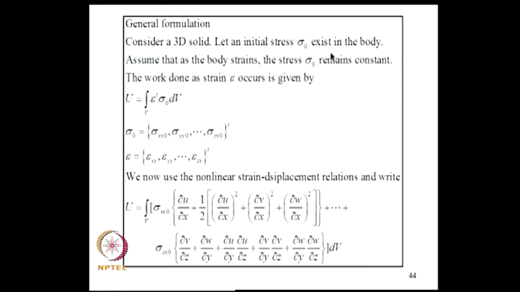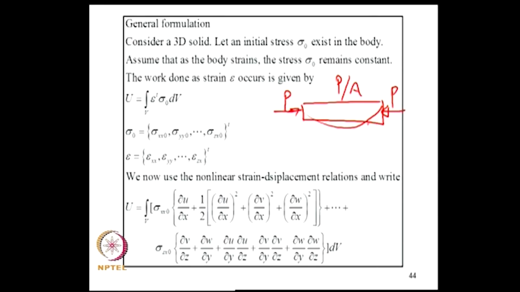In the beam problem, if you recall what this assumption means: when we analyzed the beam, we found the state of axial stress under this load P, and P by A was the sigma naught; sigma xx was P by A and all other stress components were 0. As the body strained, this load did work on the deformation.